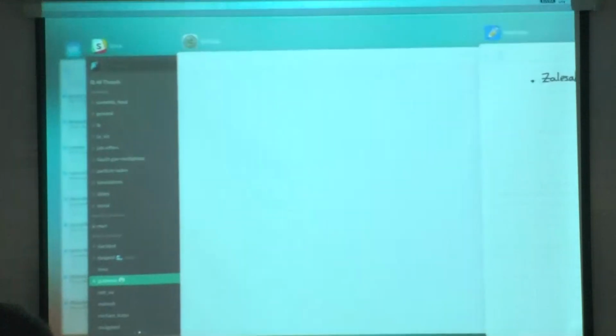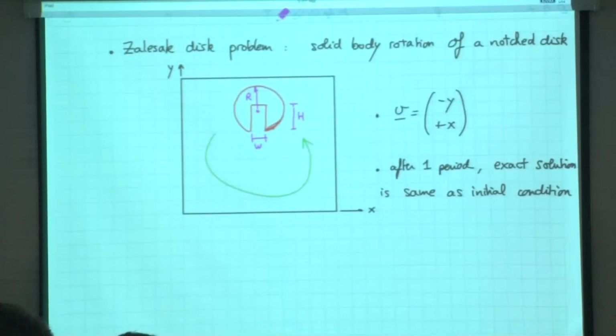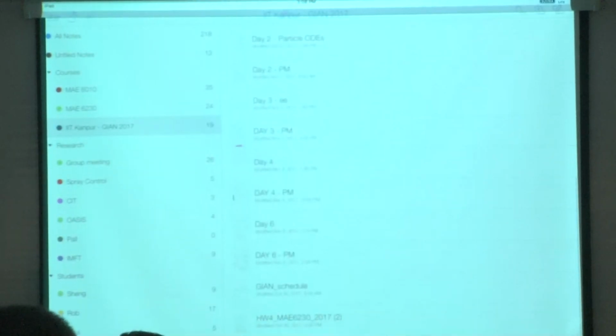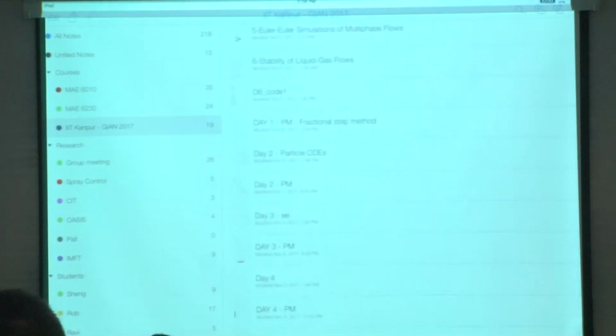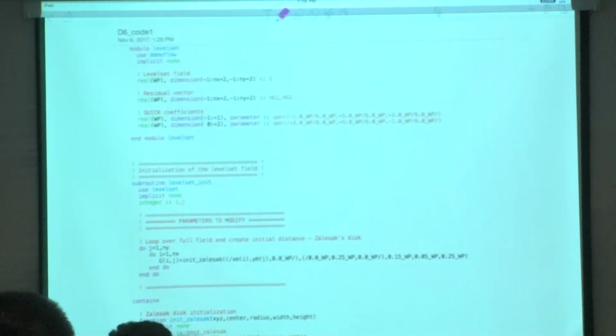Now let's look at the code. We were here already. So in order to not flip back and forth, I'm going to be directly showing you the code.